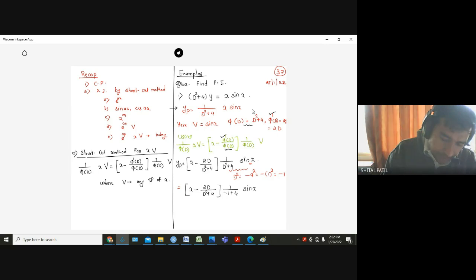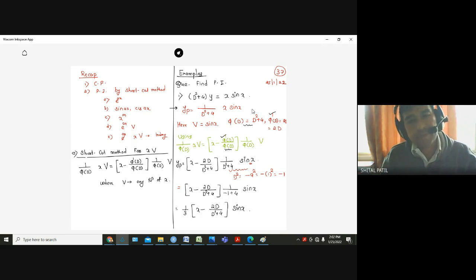So it is 3, so I can write 3 outside: 1 upon 3, x minus 2D divided by D square plus 4 to be operated on sine x.